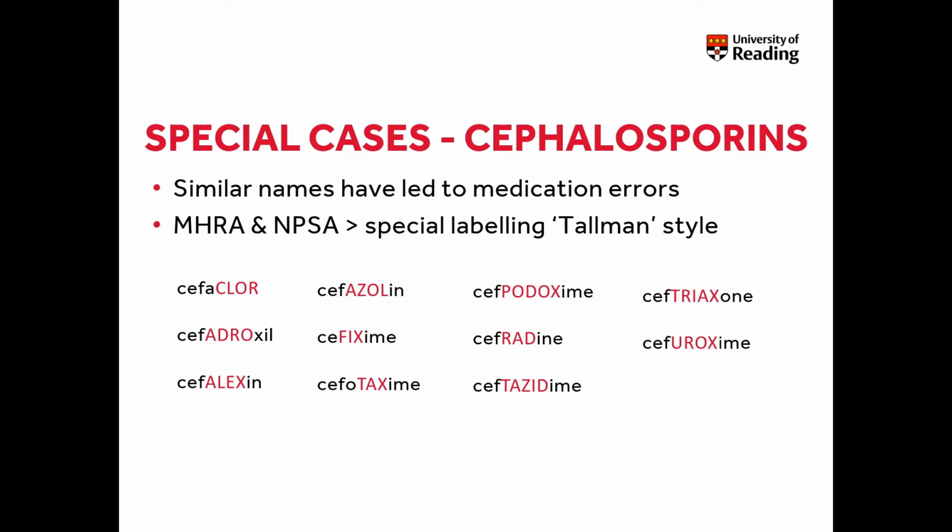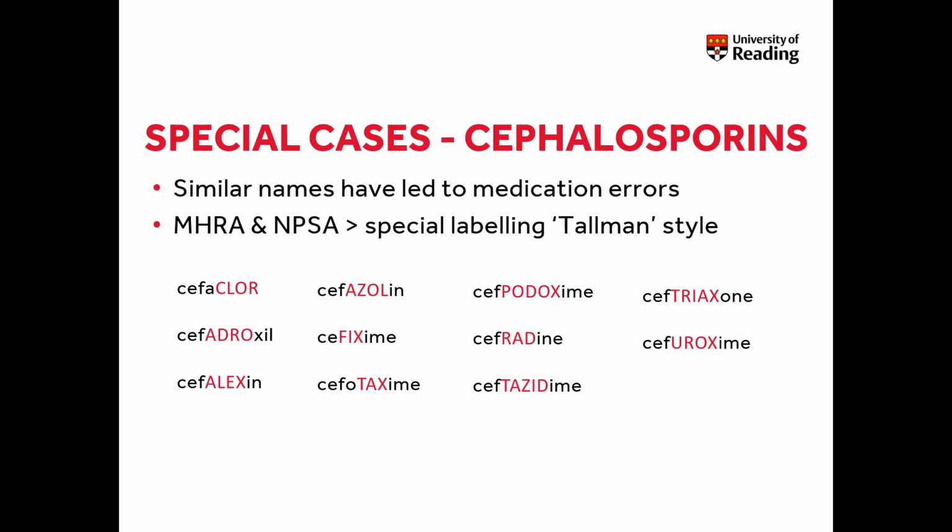To try and reduce errors happening with these type of drugs, the MHRA and the NPSA, the National Patient Safety Agency, brought in a new special font called Tallman. Tallman is where you use capital letters to identify the actual differences. On this slide, the bits in red are in capital letters, and that's to try and show the difference in drug name.